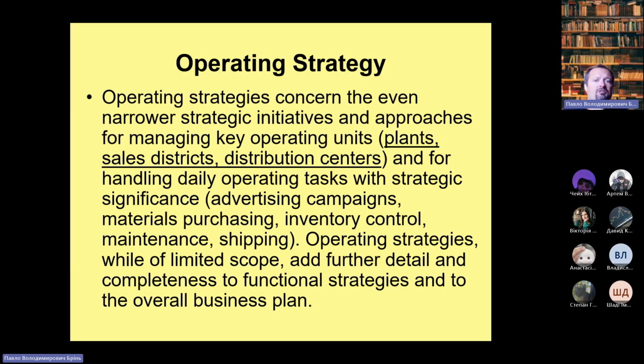And operating strategy is a strategy for one unit of the company. It is a strategy for a department, for a shop, for some piece of the company, and who is responsible for the process of operating strategy crafting?